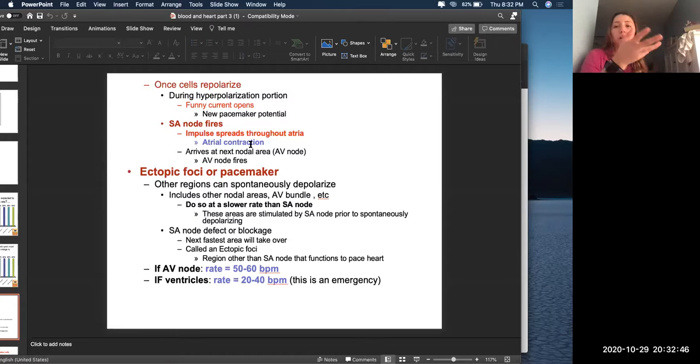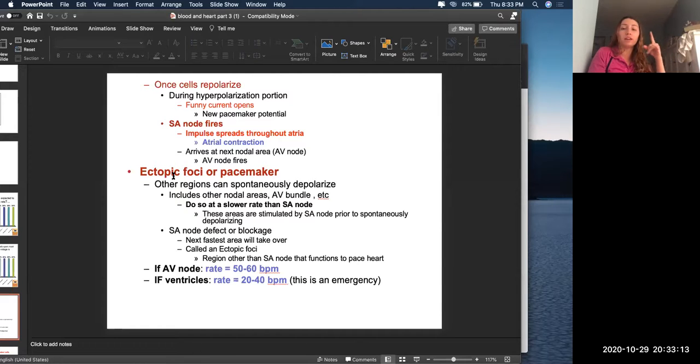And once the SA node is deemed unfit or can't fire the action potential anymore, or the nodal cells aren't working, then the AV node is the next fastest to depolarize. And once that happens, it's called an ectopic foci.